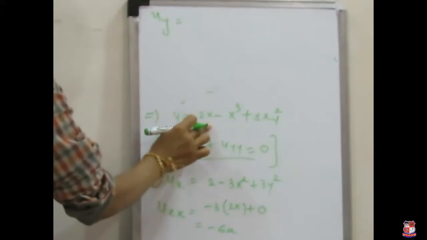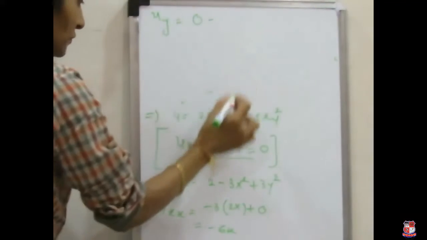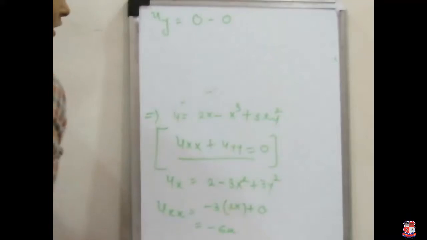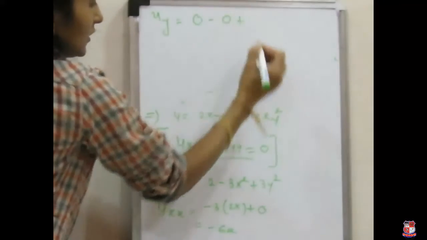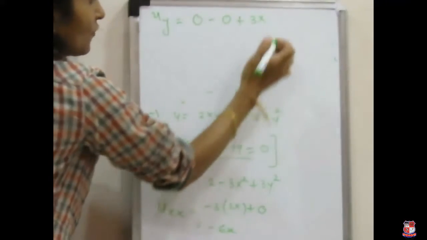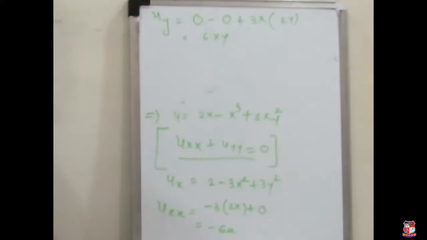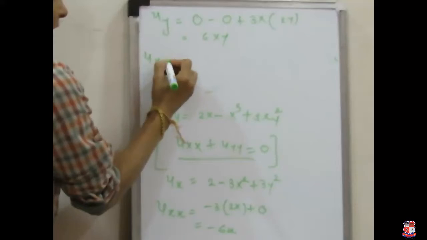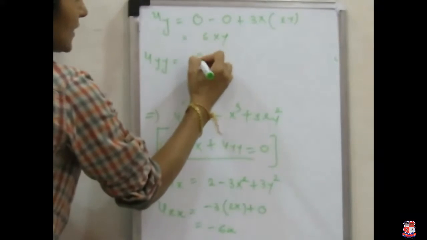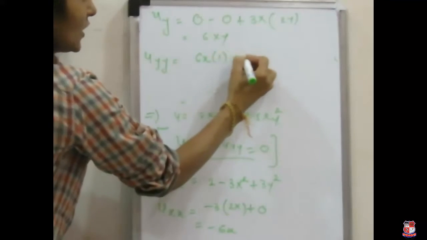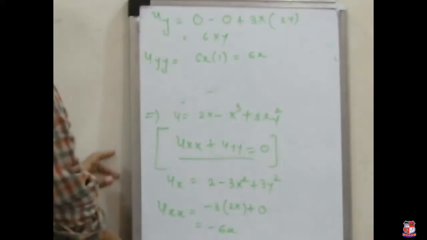There is no y term in x cube, so that is 0. In 3xy square, 3x is a constant and the derivative of y square is 2y. Our answer is 6xy. Now we take the derivative with respect to y again: 6x is a constant and the derivative of y is 1. Our answer is 6x.